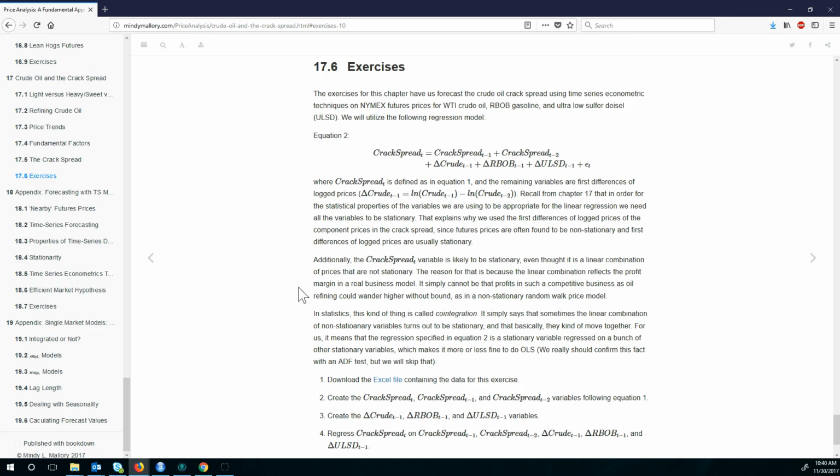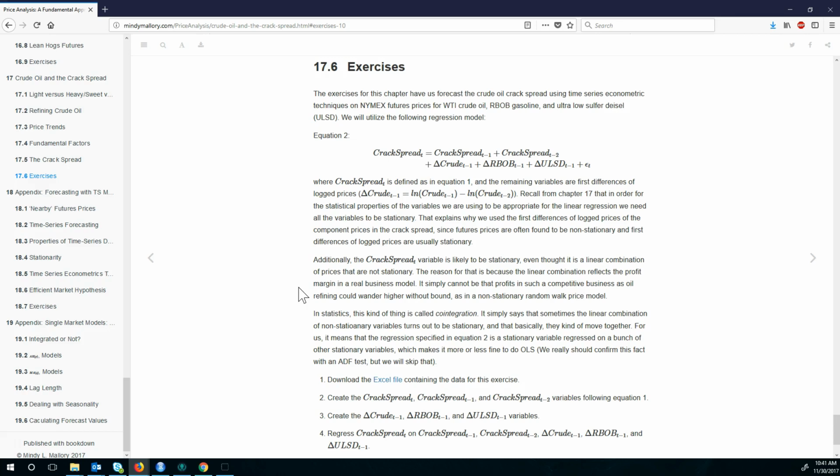Usually profits in that kind of a business look very stationary, because if there were extended periods of growing profits, we'd see more people entering the refining business. If there were extended periods of losses, then we would see people exiting. That kind of long-run equilibrium pressure tends to keep spreads that represent productive processes or gross profit margins in real businesses looking fairly stationary.